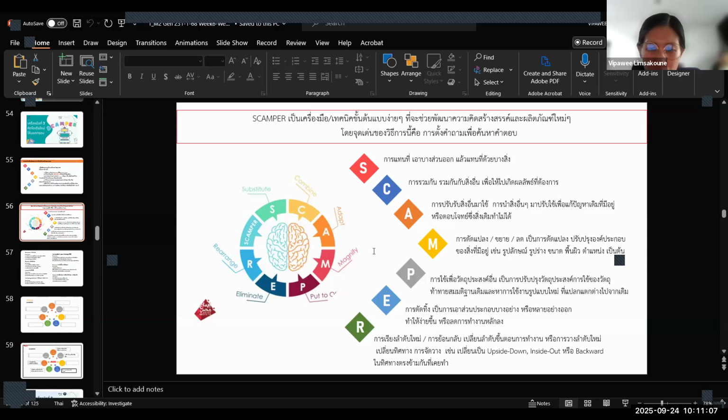Modify. M stands for either magnify or minify. There are two meanings. Magnify is to extend or expand the product or the service. For example, you may have more target groups when you launch the product. Minify could be about miniaturization, like when you think about the hard disk drive.